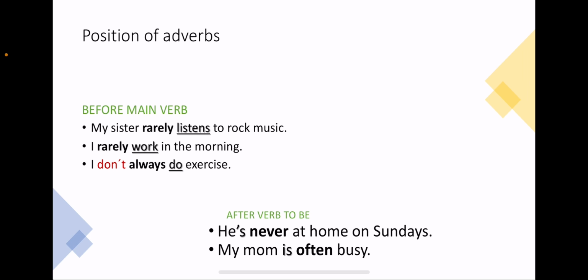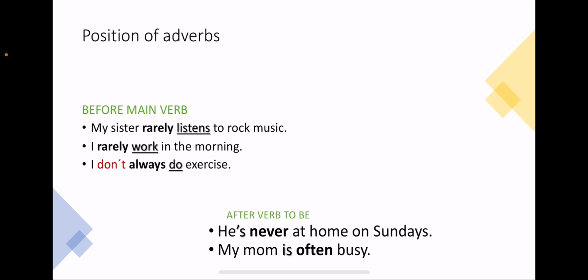So, in conclusion, we can say that for the majority of the verbs, we need to put the adverb before the verb. And for verb to be, we put the adverb after verb to be. And please also remember that in present simple, we need to conjugate our verbs depending on the subject of the sentence.